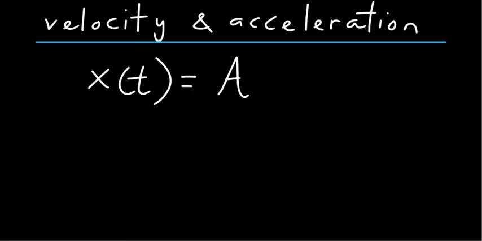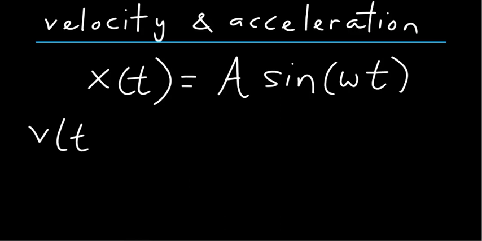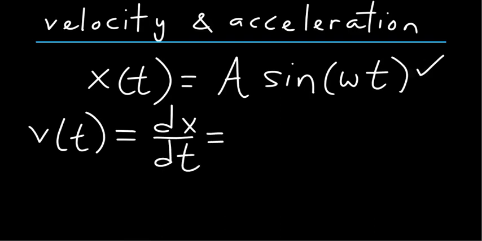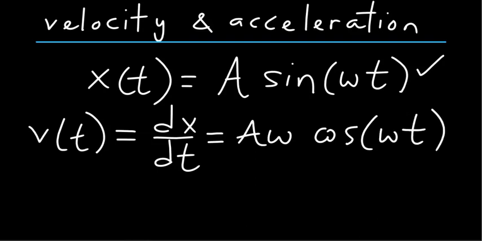Now let's define velocity and acceleration for simple harmonic motion. Let's say the coordinate of an object executing simple harmonic motion is given by x equals a sine omega t. So how do we determine its speed as a function of time? Speed can be defined as the time derivative of the coordinate. So if you take the derivative of that function with respect to time, you get a omega cosine omega t.